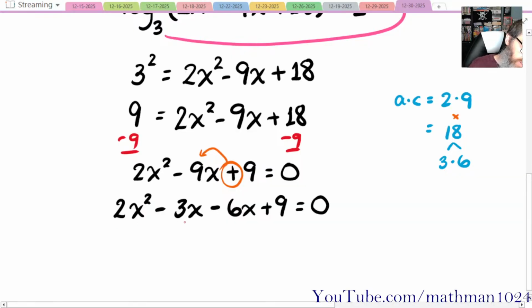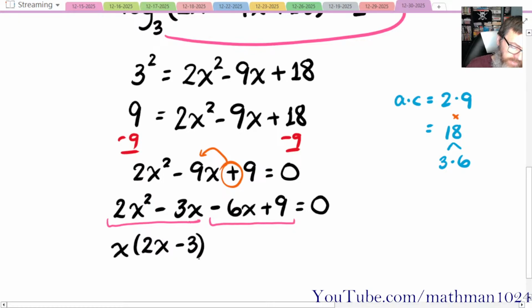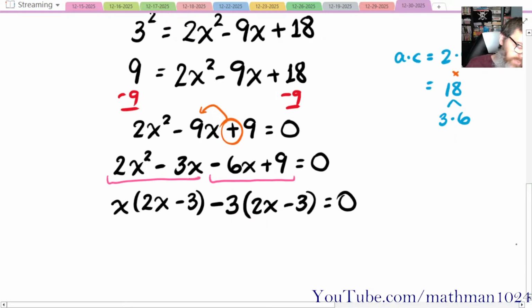Now, we factor by grouping. In the first group, the common factor is x, and we have 2x minus 3 left over. In the second group, we lead off with a negative, and the common factor for 6 and 9 is 3. So if we factor or divide those guys out, we'd have 2x minus 3, and now we can finish the factorization.